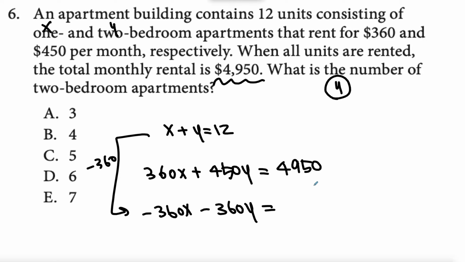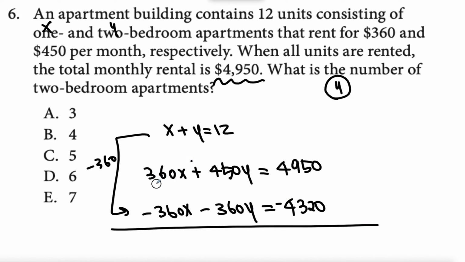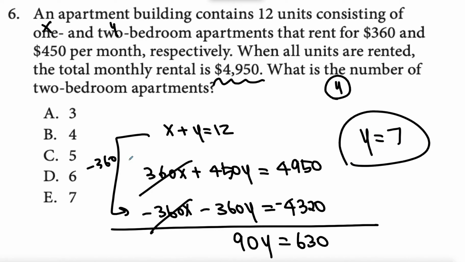We get 4320, except that it has to be negative. When you combine them together, the x terms cancel away. This becomes 90Y, and we get 630. So to find the value of Y, we divide each side by 90. Then Y will be equal to 7, so E becomes our answer.